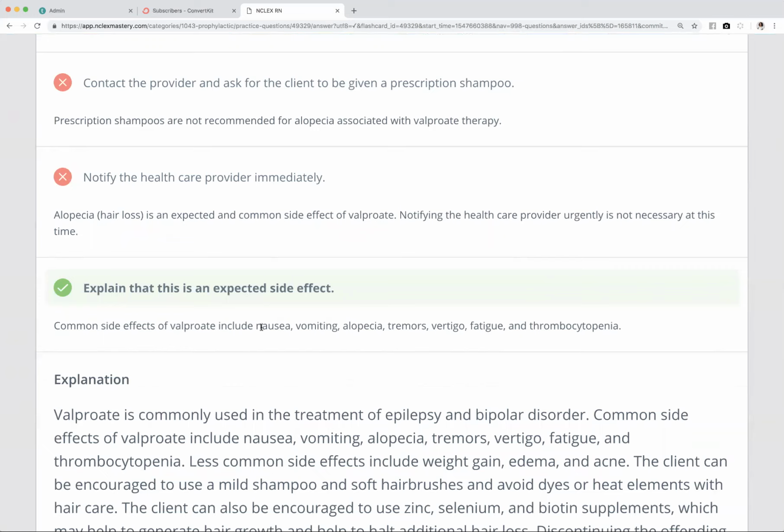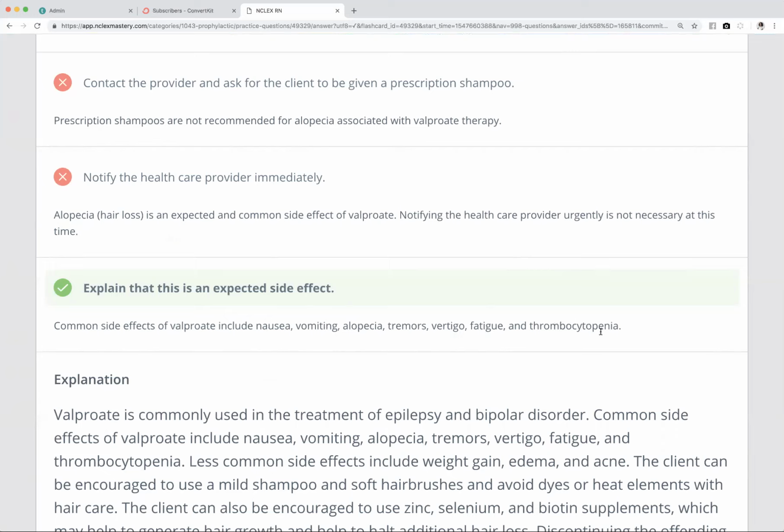You want to identify if it's common or adverse, and you see it's a common side effect, which is nausea, vomiting, okay? So we got alopecia here, tremors, vertigo, which is dizziness, fatigue, and thrombocytopenia.